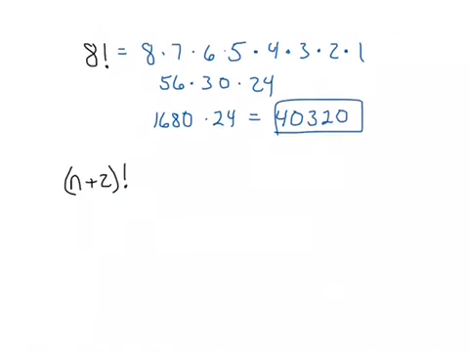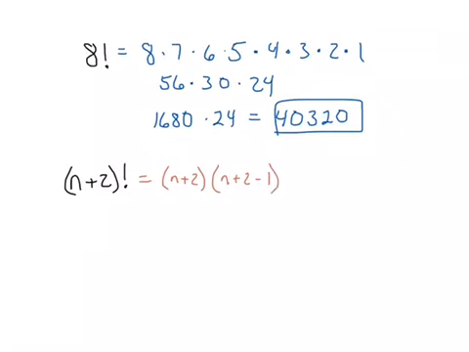A little less obvious, perhaps, is what we're going to do with n plus 2 factorial. With the n, we cannot get a numerical value, but I want you to understand that we are still going to multiply n plus 2 times the next integer smaller than it. Well, what's 1 less than n plus 2? It's quite literally n plus 2 minus 1.